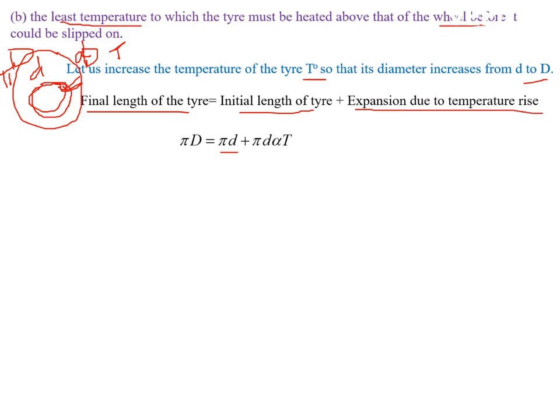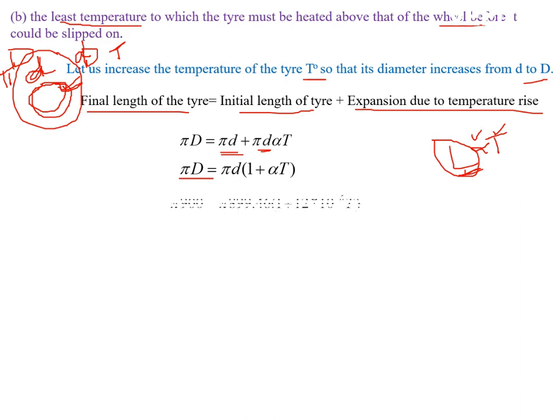We know the formula for expansion due to temperature rise, L alpha T. Here L is the perimeter of the tire at the initial condition, which is pi small d. So the expansion is pi d alpha into capital T. Writing this equation once again, pi D equals pi small d, taking it common, into 1 plus alpha T.